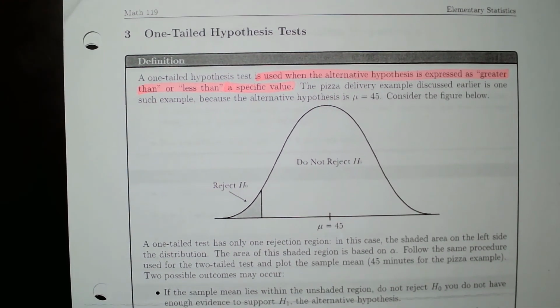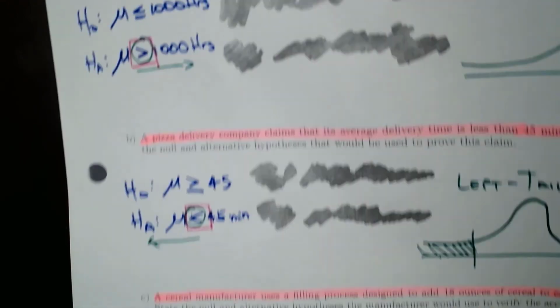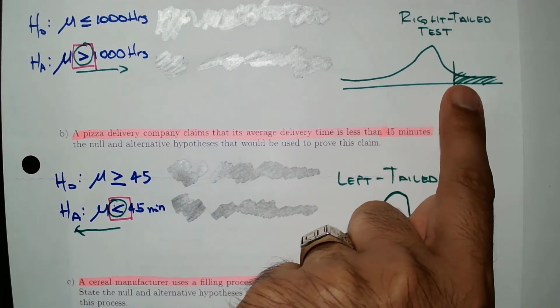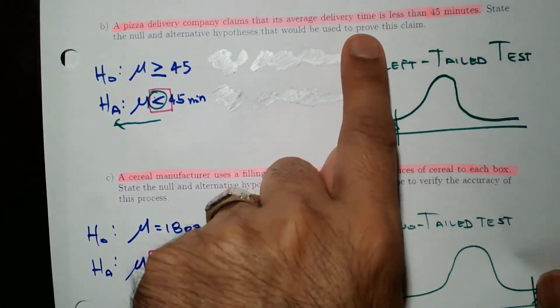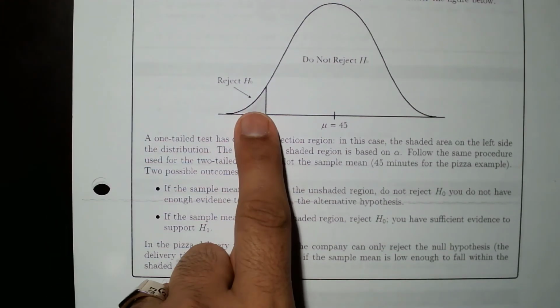Like I mentioned before, depending on the orientation of our logical sentence, greater than is going to be right-tailed. The pizza delivery example is less than, so it's going to be left-tailed, like this one.